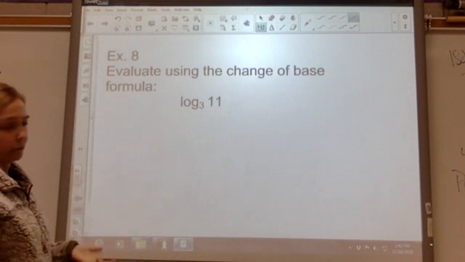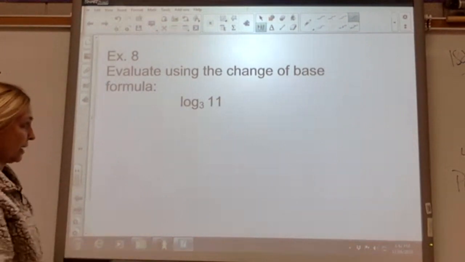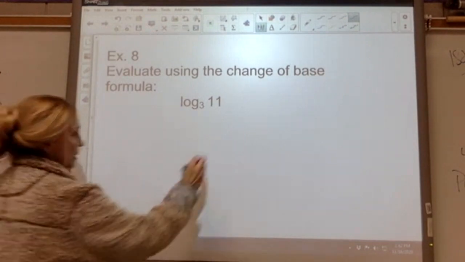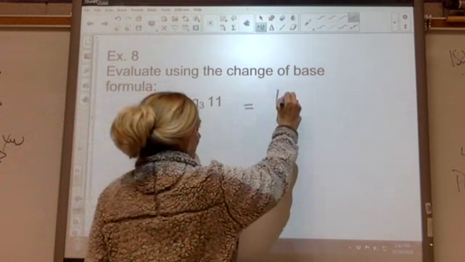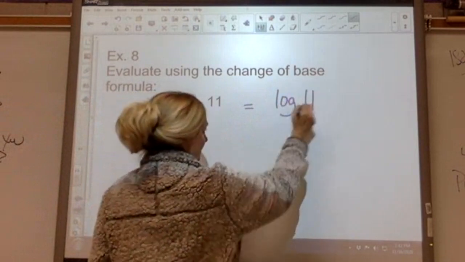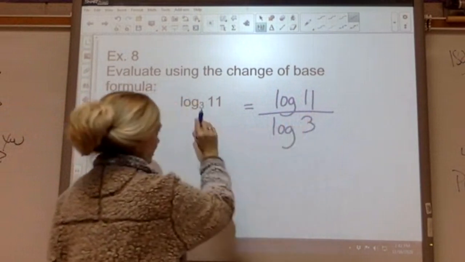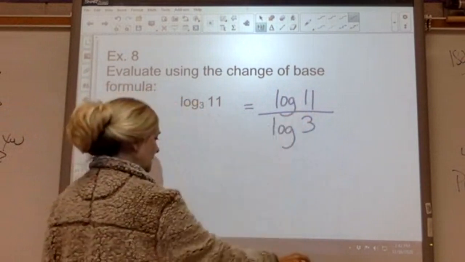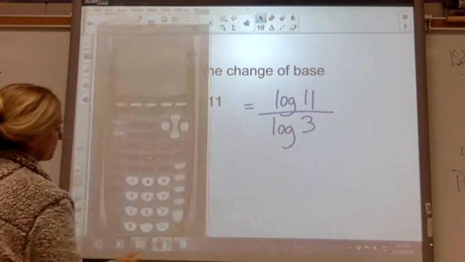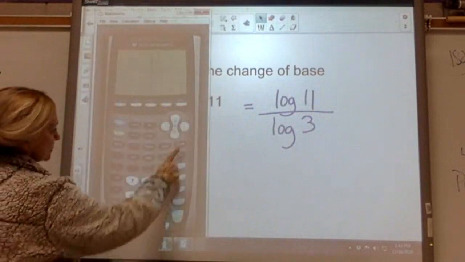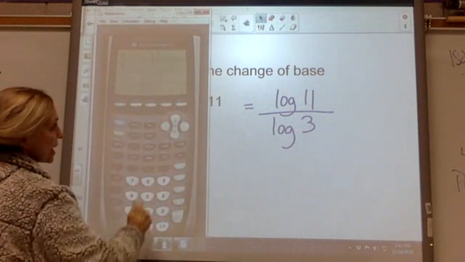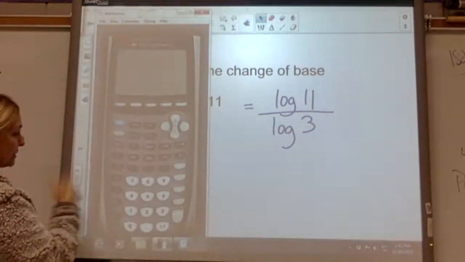Now, this is the change of base formula. If I was going to put this in the calculator I have here, I would have to do log of 11 over log of 3. So the base goes in the bottom. And so in my calculator, I only have this log button.